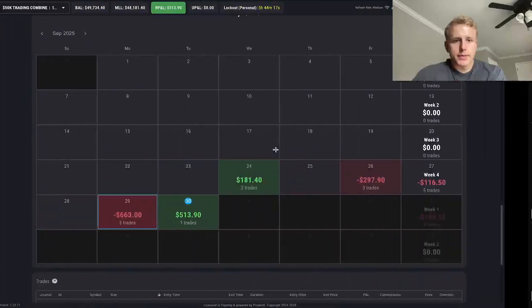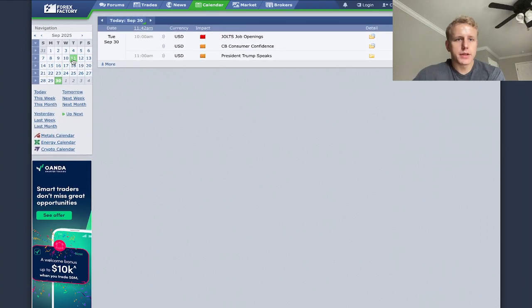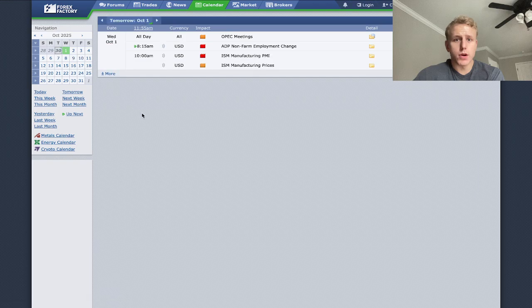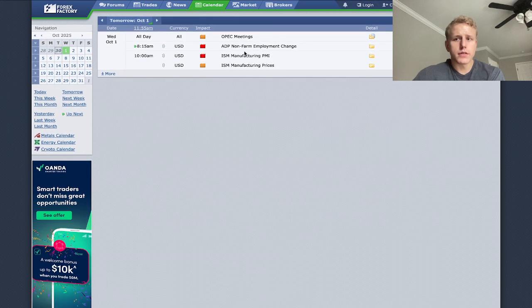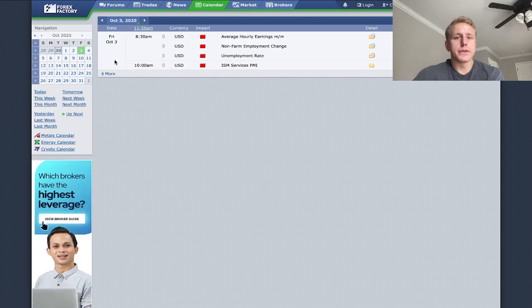Something to keep in mind is that we heard about a government shutdown coming potentially tomorrow. I forget which one people usually say we shouldn't trade on, whether it's non-farm employment change or ADP non-farm employment change. I'm not sure which one, but we should be careful this week, as it's not a high probability day to trade.